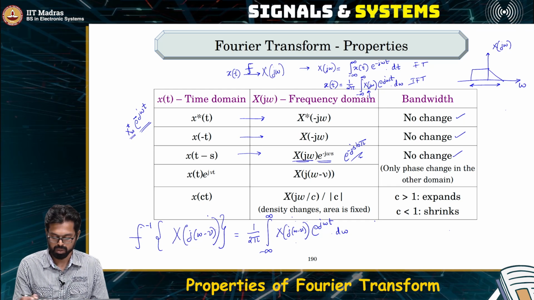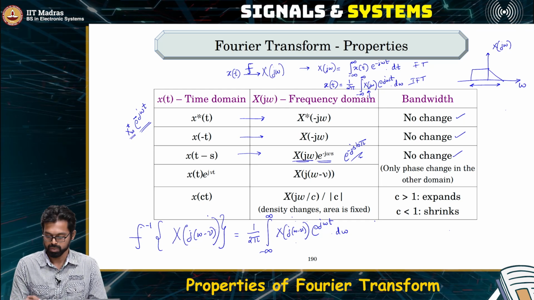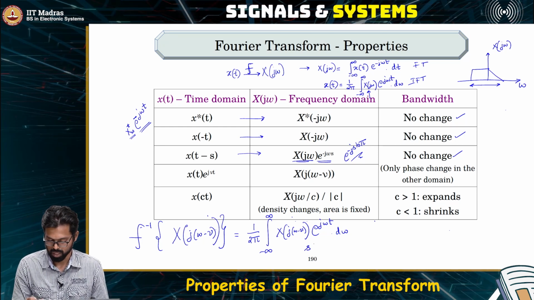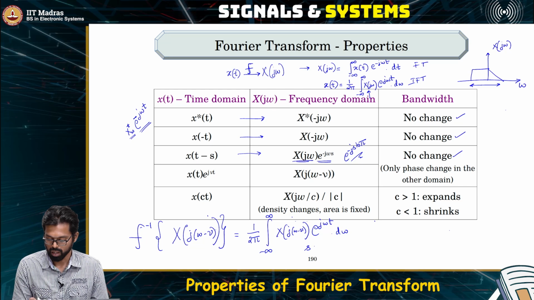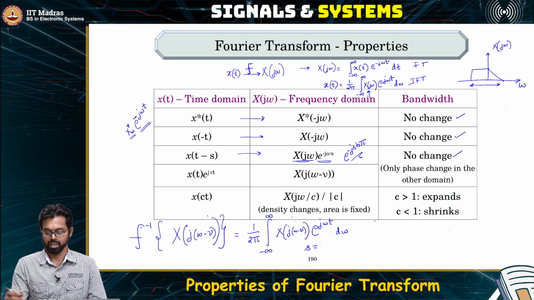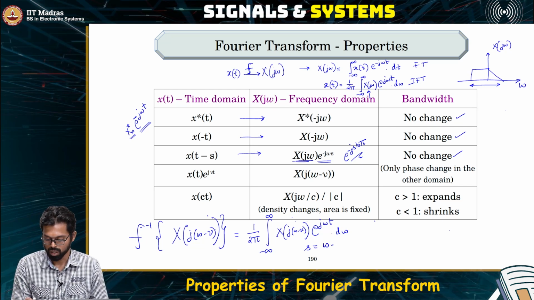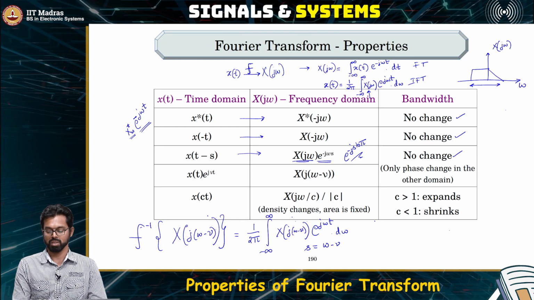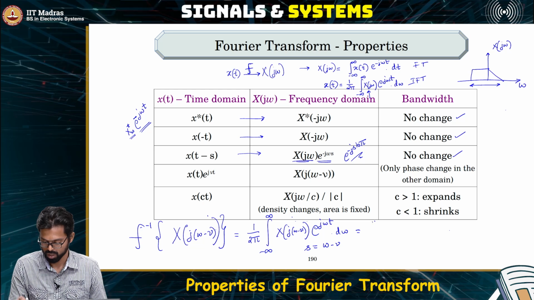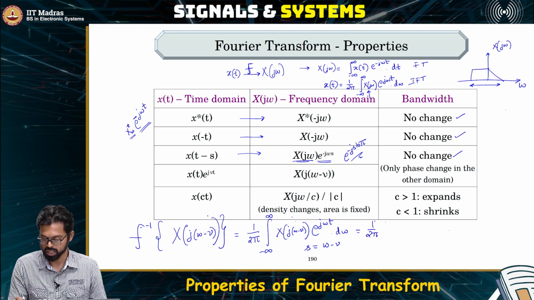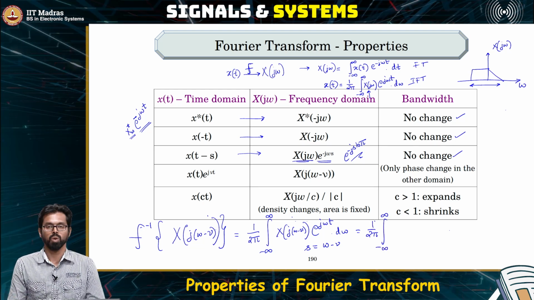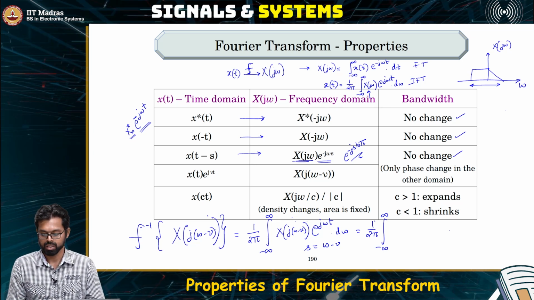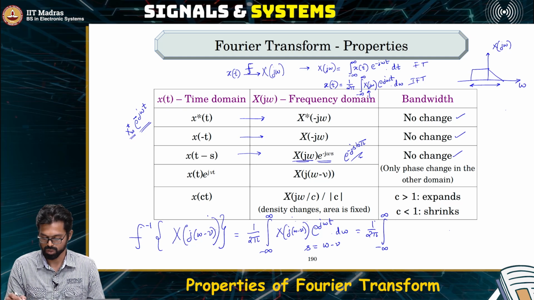Now we'll do the same trick. We'll just take some variable, let us call that variable s, and we'll do the same replacement. We'll define another variable, and then we'll say that that variable is equal to omega minus nu. All we are doing is just changing the variable of integration. Once again, when omega is minus infinity, s is minus infinity, and when omega is infinity, s is also infinity. So this does not change.